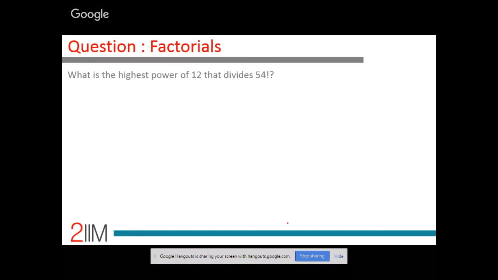What is the highest power of 12 that divides 54 factorial? That's what we're looking at.